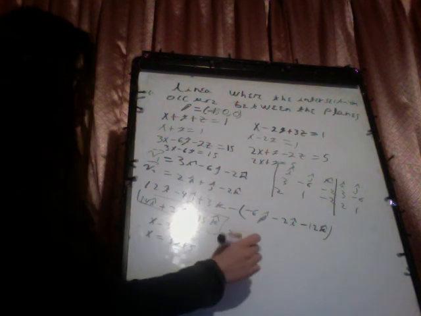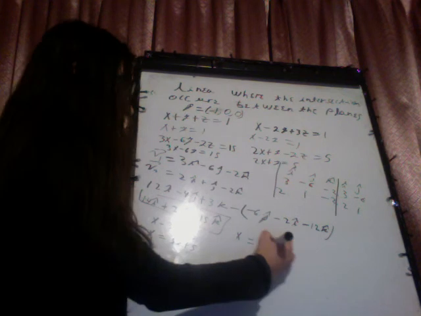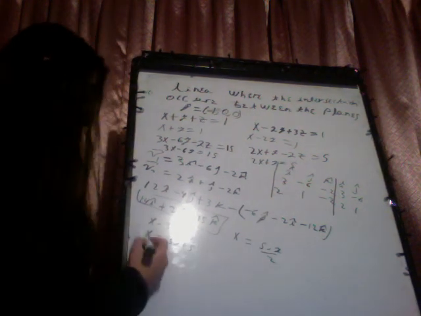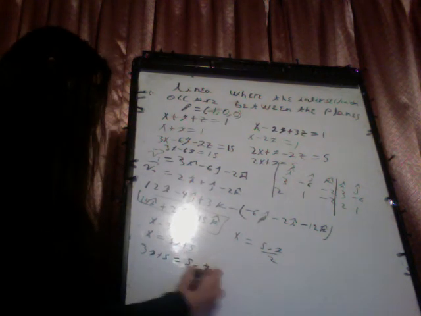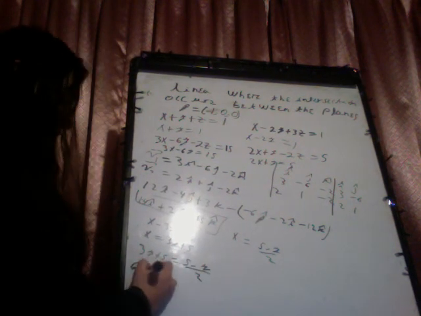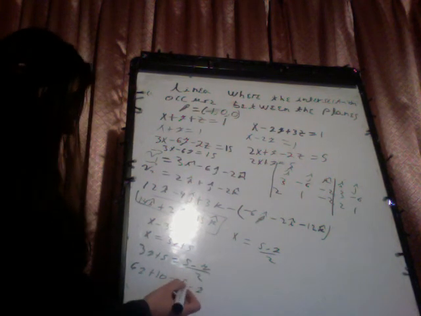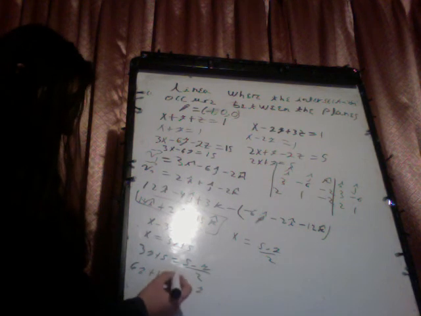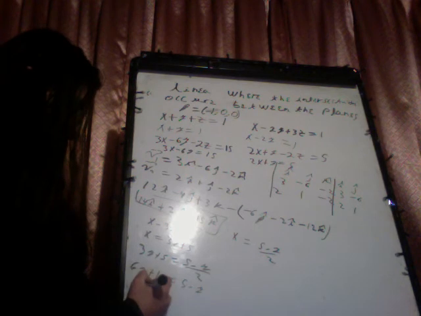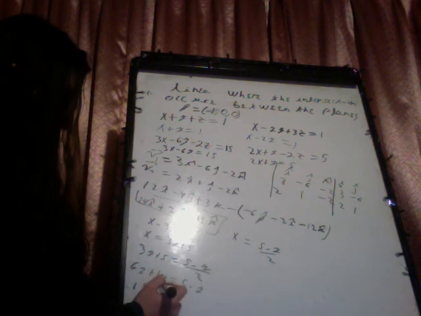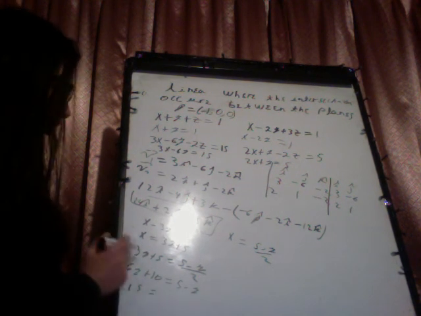Yes. Next, this was x is equal to 5 minus y divided by 2. So we have 3y plus 5 equals 5 minus y over 2. This is 6y plus 10 equals 5 minus y. I think that I made a mistake with this sign.